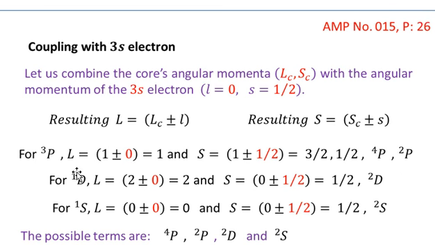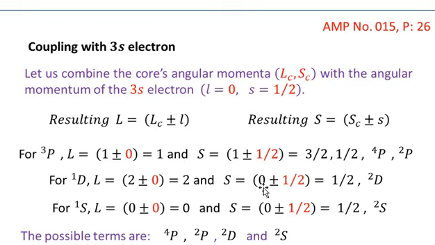Now let's combine the 3s electron with the 1D term obtained from the 2p2 state. So for this 1D, the value of LC from this capital D is equal to 2. And from multiplicity 1, the value of capital S is equal to 0.